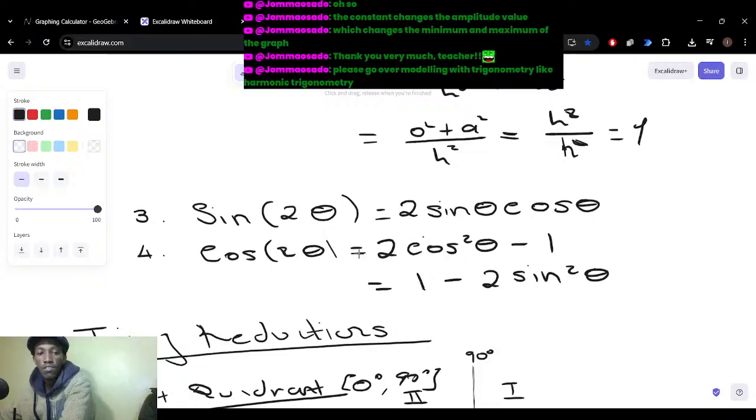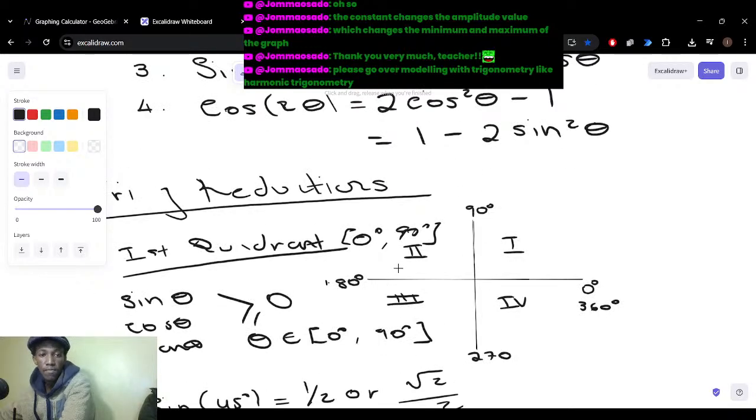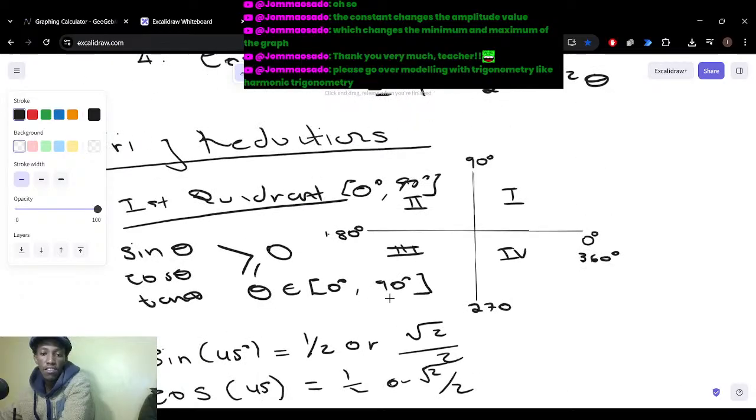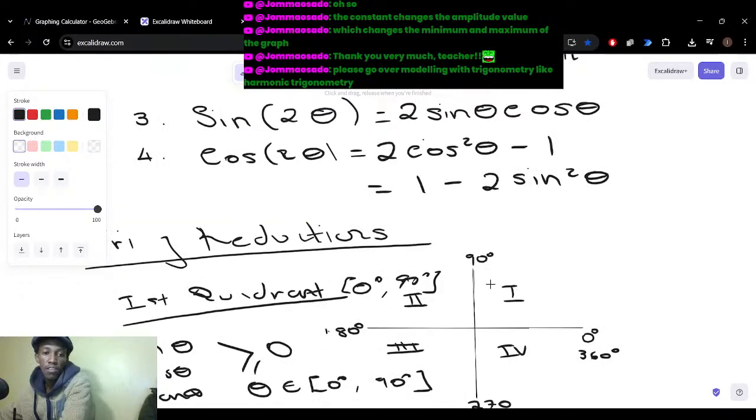And we went on to the compound angles, sine and cos. So these are our equations. And then we showed trig reductions, how to do some of the trig reductions. We covered the first quadrant, second, third, and fourth.